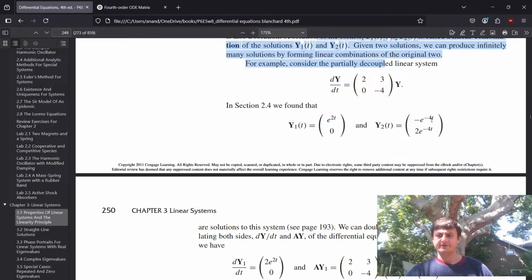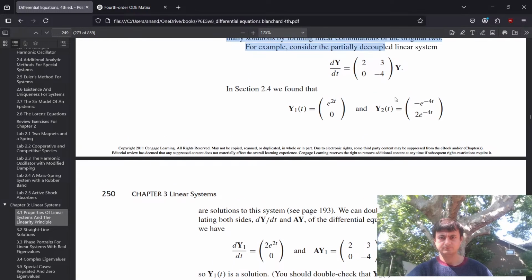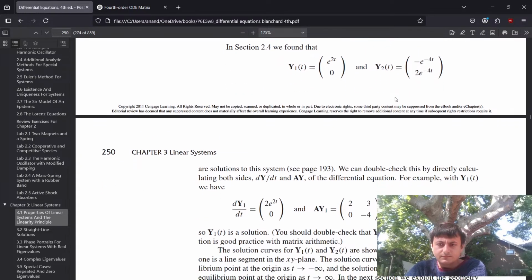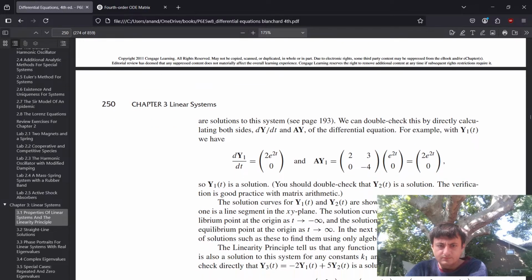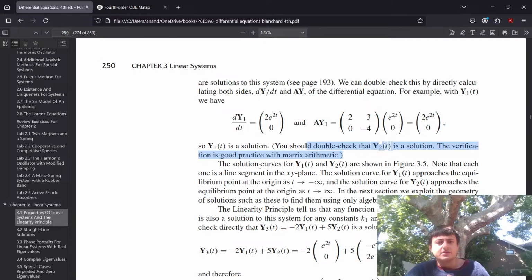In section 2.4, we found this system had a solution. Now, the whole thing that there are two possible solutions is pretty interesting. Okay, you could practice if you want.